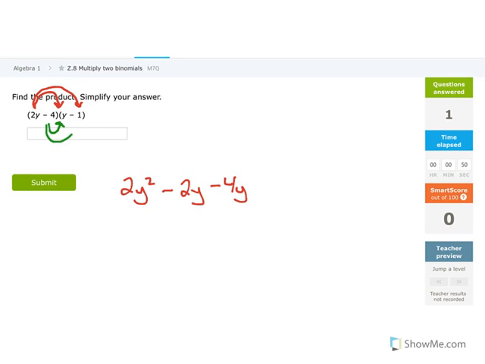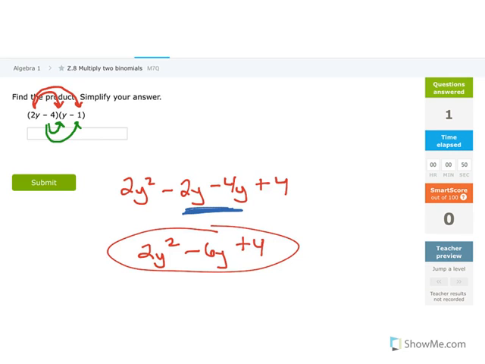And negative 4 times the negative 1, negative times a negative, we know that's going to be positive. So negative 4 times a negative 1 is going to be positive 4. And again, look for those two middle terms to be like terms. So rewrite it, 2y squared. Simplify your two middle terms. If you have negative 2y and negative 4y, that's going to be negative 6y. And then plus 4. And there's your final answer.